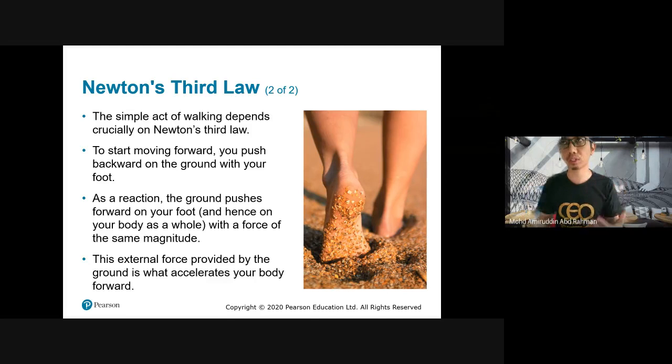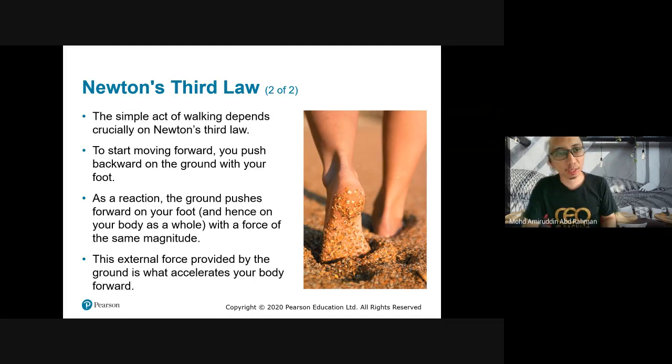So the force is actually going backward. As a reaction, the ground pushes forward on your foot. So the ground pushes forward on our foot.